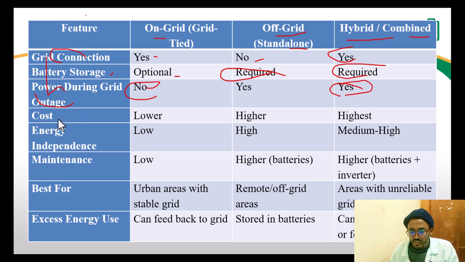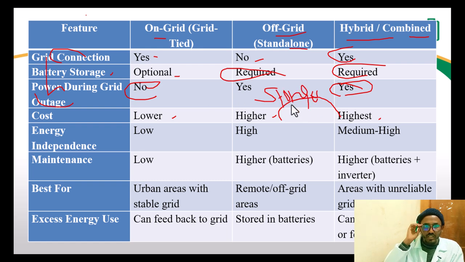In terms of cost, this one is lower, higher. Mainly these two things are higher because of the storage technology. You can take, for example, lithium-ion batteries, or solid state batteries, which are still under development for effective energy storage solutions. So that makes them very costly or high cost.